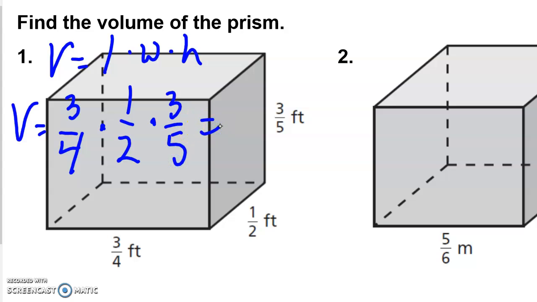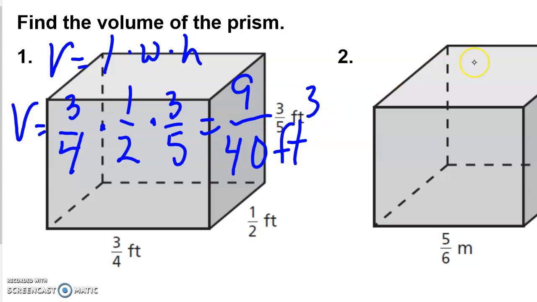Okay, I'm going to multiply everybody. So I'm going to give you just a second to look and see if you see any cross-canceling. 5, 4, 3, 2, 1. I see nothing. So 3 times 1 is 3, times 3 is 9, 4 times 2 is 8, times 5 is 40 feet cubed.